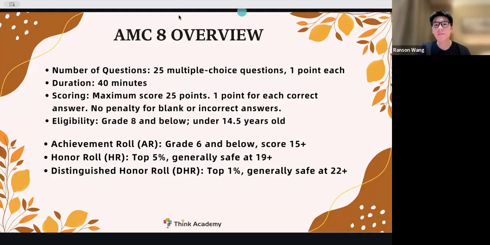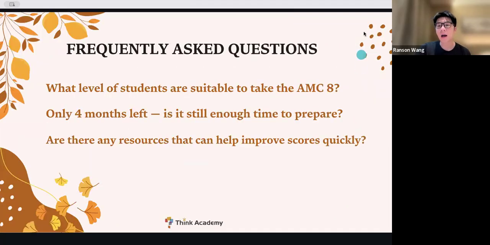Okay, so for today's webinar, we're going to answer some of the frequently asked questions from our parents so that it can better help you prepare for the MCA. The frequently asked questions I know from our parents can be summarized into three types. First one is, what levels of students are suitable to take the MCA?